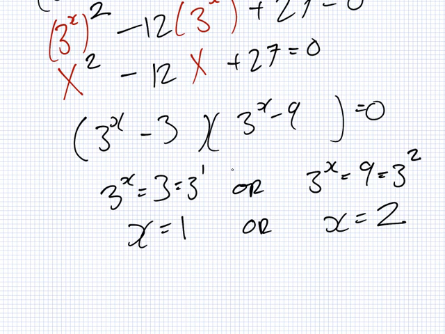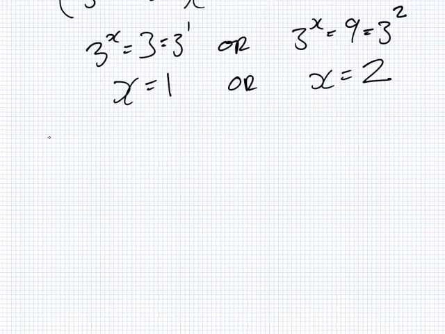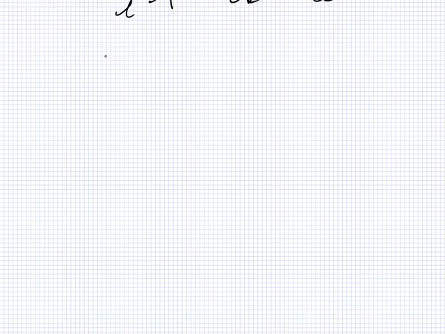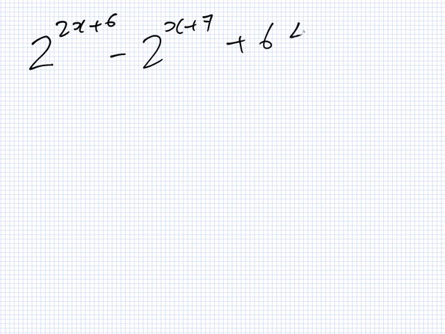Okay, so I want you to try this one now. Let me give you one to try. A bit harder now: 2 power 2x plus 6, minus 2 power x plus 7, plus 64 equals 0.